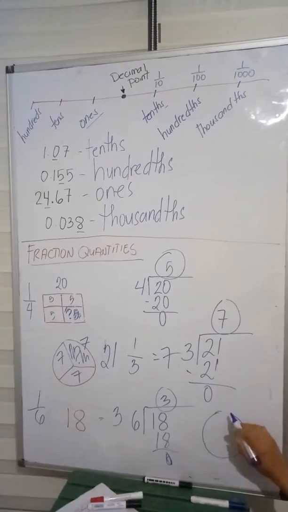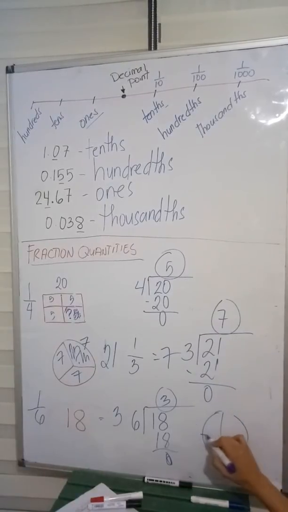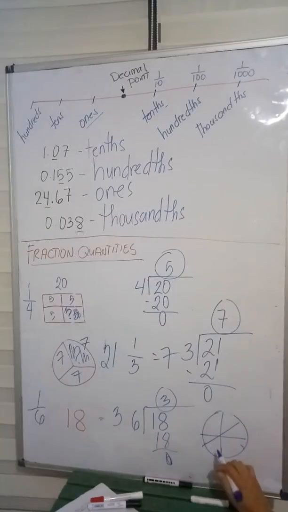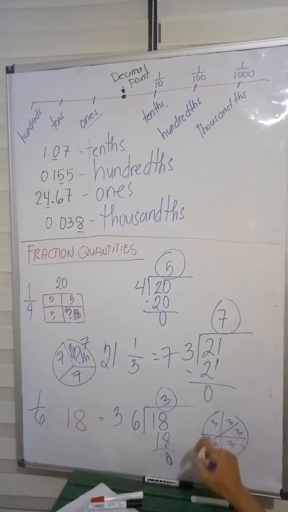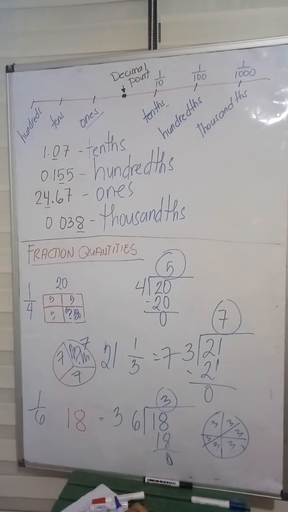If you're going to divide it into 6: 1, 2, 3, 4, 5, 6. Each value will be 3. So 3, 6, 9, 12, 15, 18. All right, simple as that.